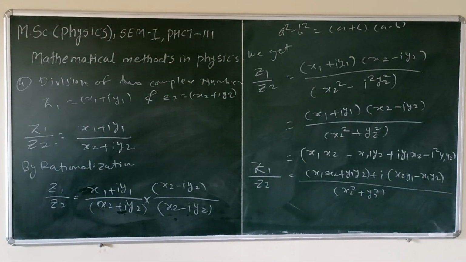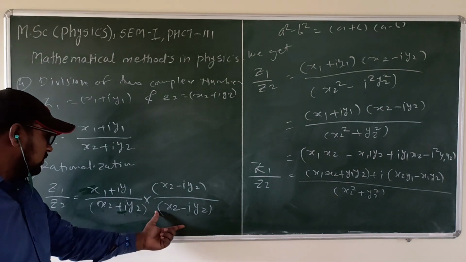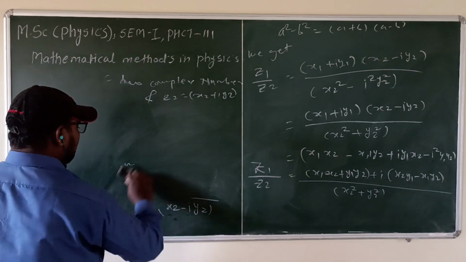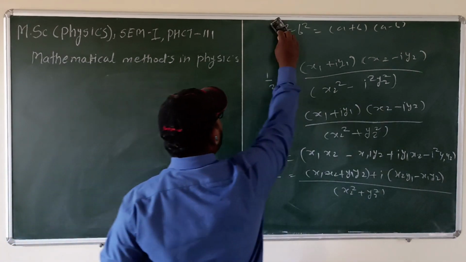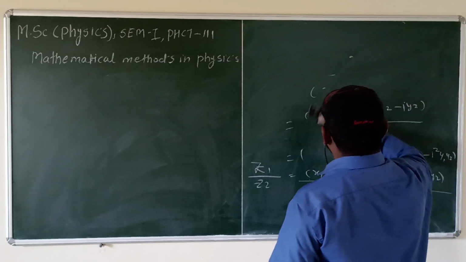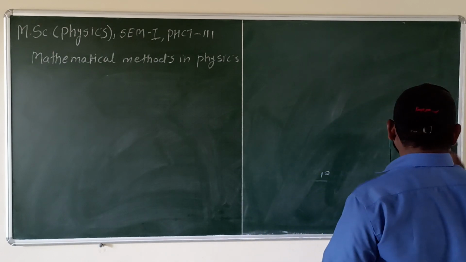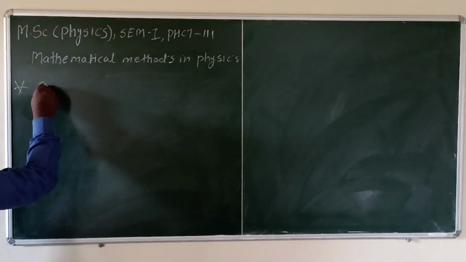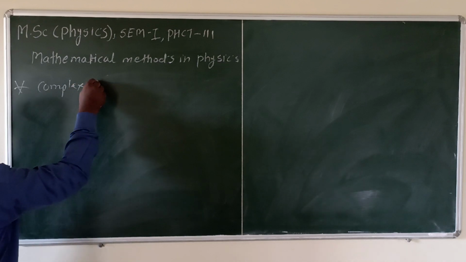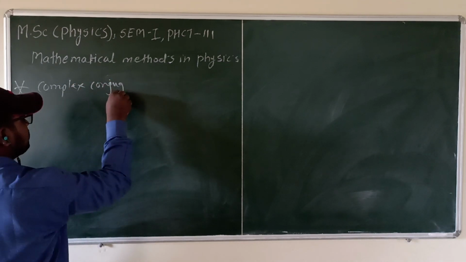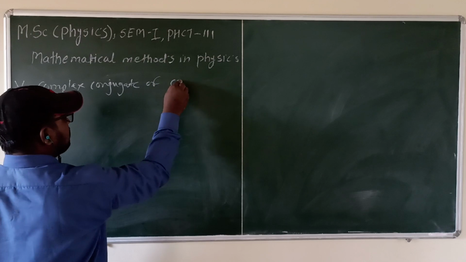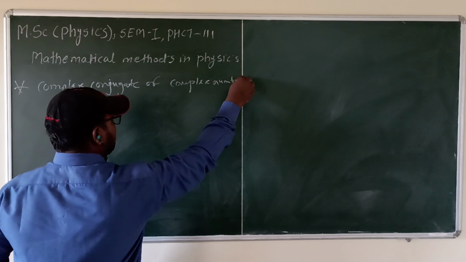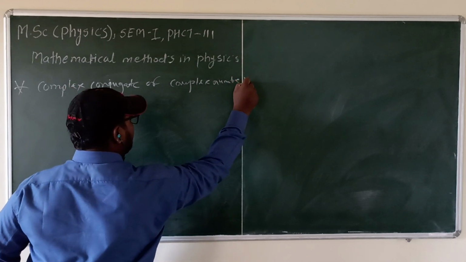Now you see we use the complex conjugate, which we have used in this equation. Next point, complex conjugate of a complex number z. Okay, complex number z.